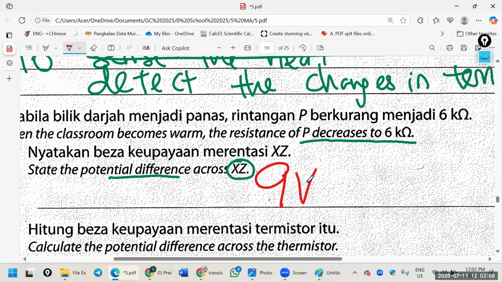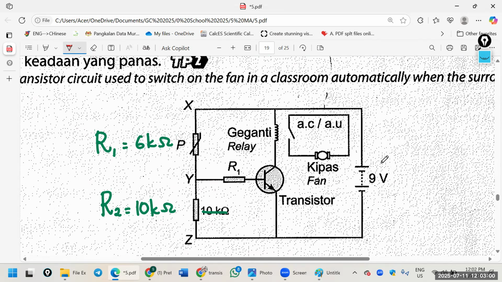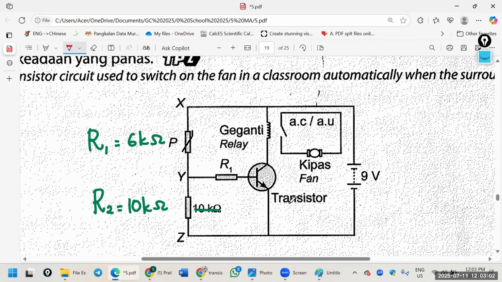Ethan, Brandon, explain why 9 volt. Yes, across the whole circuit, totally is 9 volts.